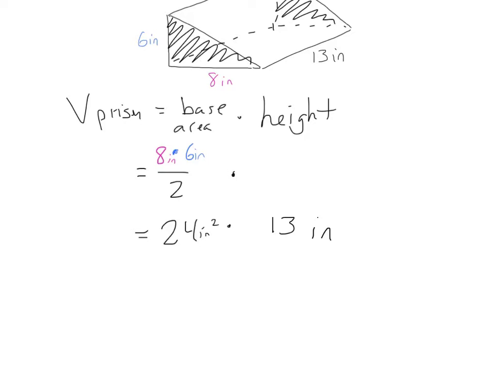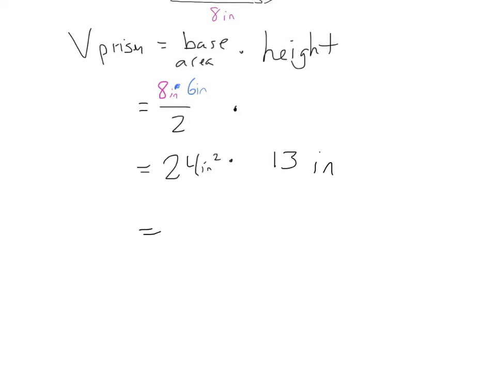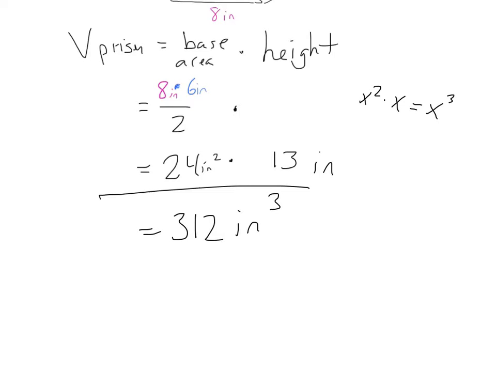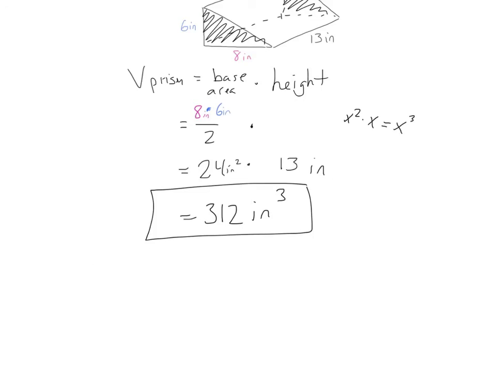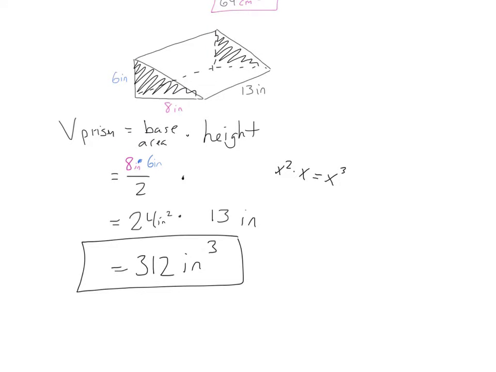Automatically we know we're going to have inches cubed, because we have inches squared times plain inches. It'd be like if I said, what's x squared times x? We'd say that's x cubed. So it's definitely going to be inches cubed. And what's 24 times 13? You get 312 inches cubed, or cubic inches, and that is the volume of that triangular prism.